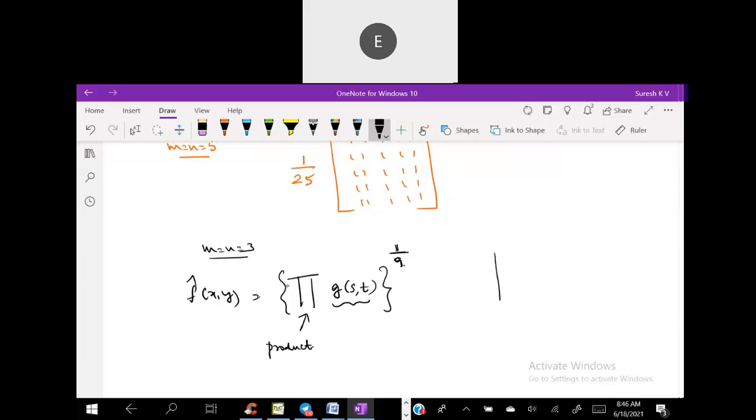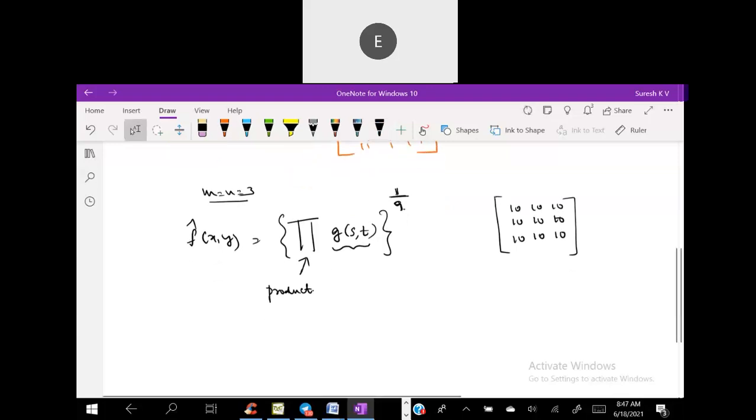For example, in a specific range, assume that you have all the values the same. Let us assume that all the values are 10. Okay. So what you will be doing here, by using this filter, is you have to raise 10 to the power of 1 by 9, into 10 to the power of 1 by 9, into etc., 10 to the power of 1 by 9.